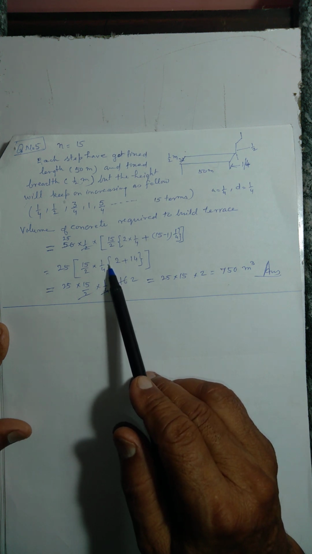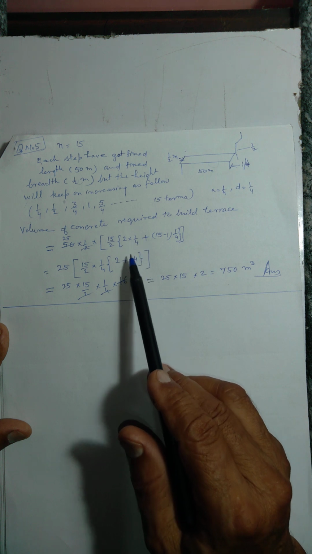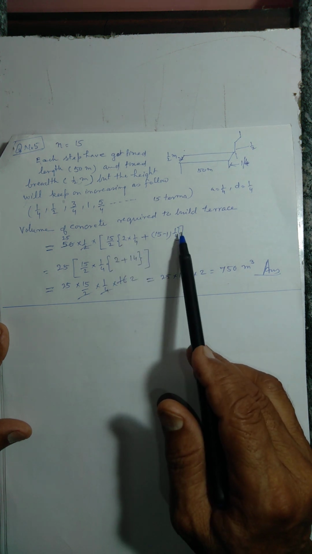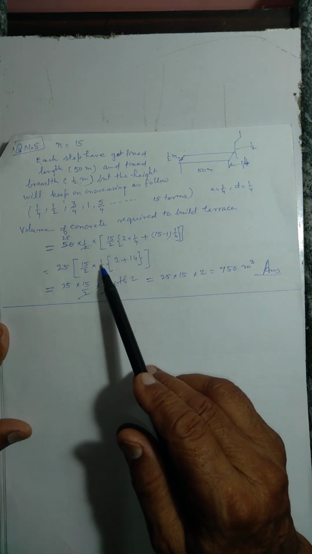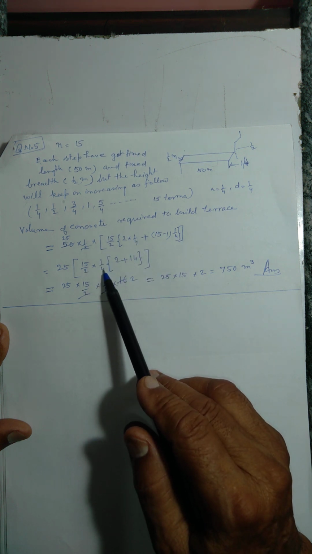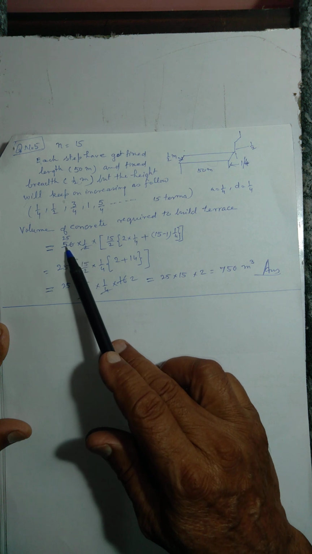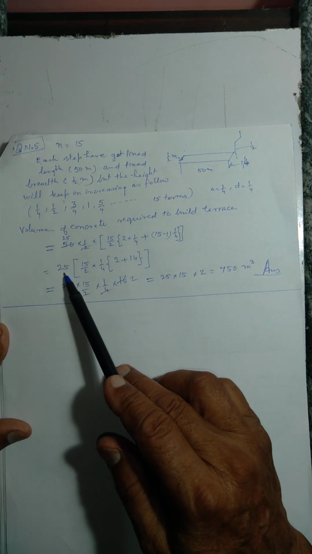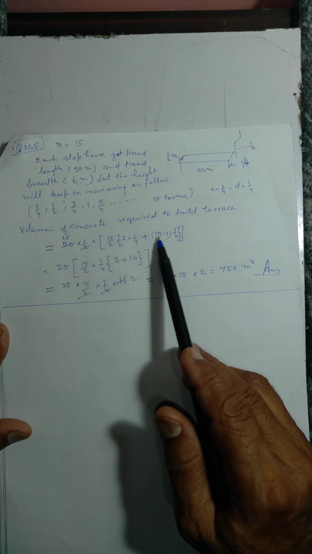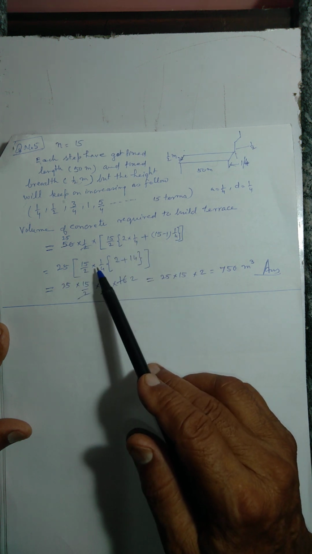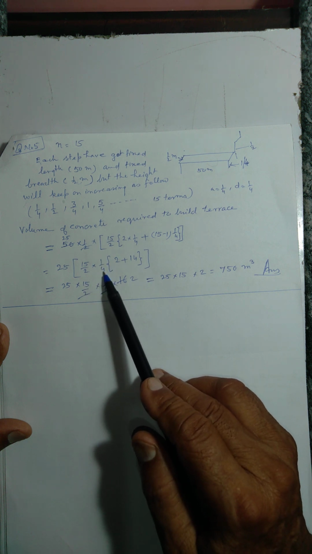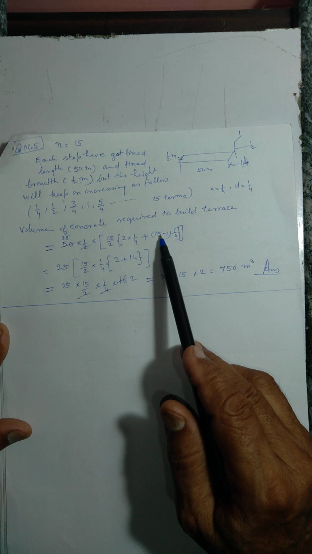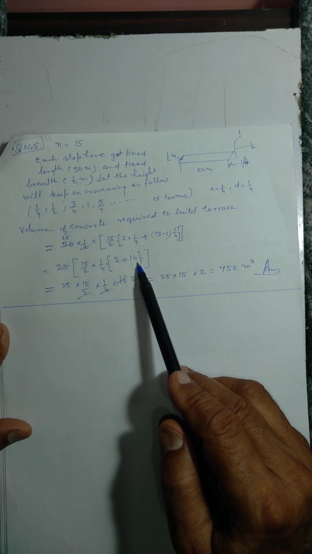In the second bracket, while you solve it, 1 by 4 I have taken common. You see 15 by 2 into 1 by 4. And this 50 has been divided by 2, so we got 25 here. 1 by 4 from this and this place I have taken common, so 15 by 2 into 1 by 4. So we are left with 2 plus 14, means 15 minus 1, that is 14.